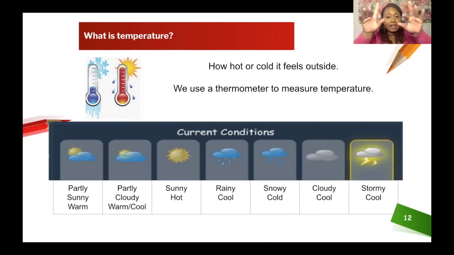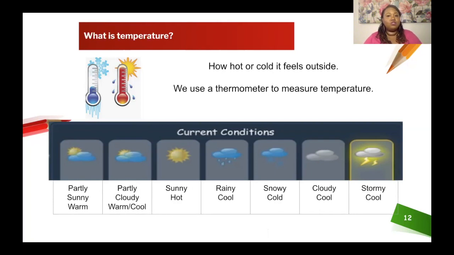When it's rainy outside, the weather feels cool. When it's snowing outside, the weather feels cold. When it's cloudy outside, the weather feels cool.